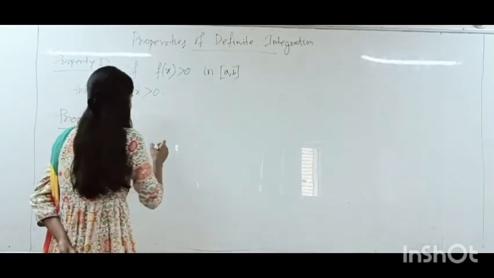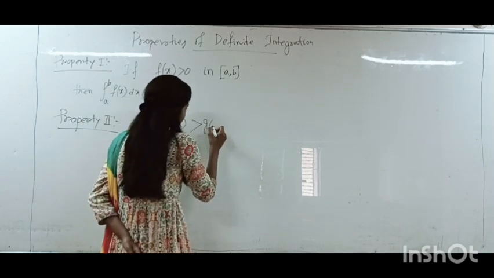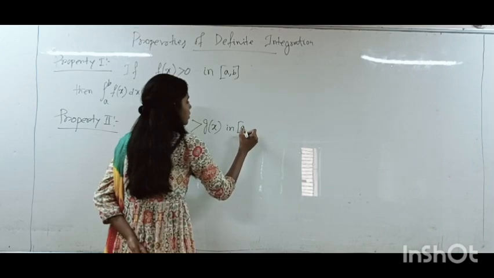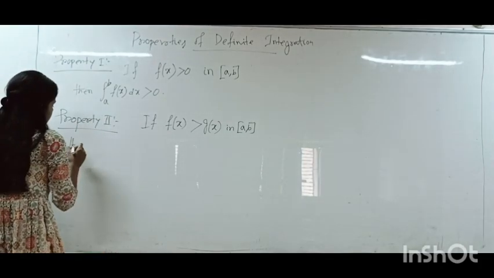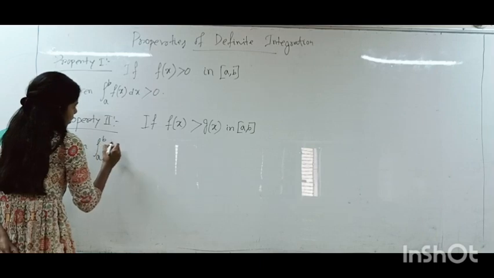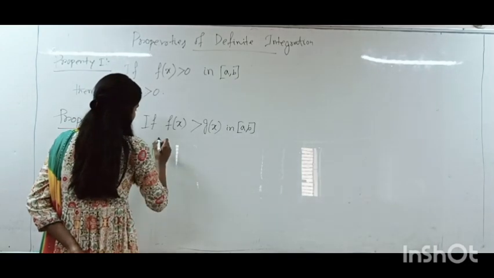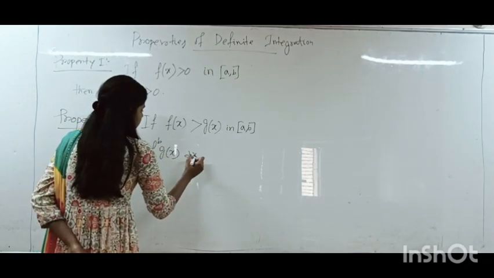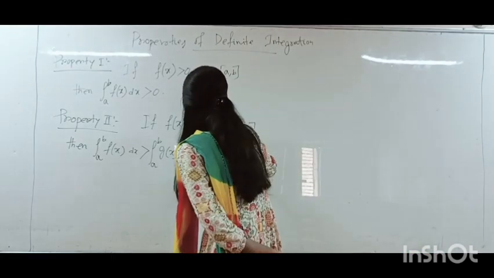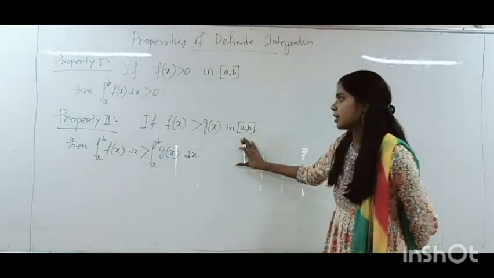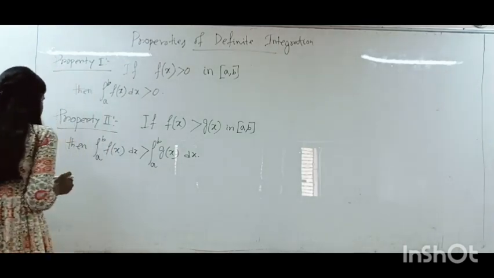Property 2 is, if there is a function f(x) which is greater than g(x) in the closed interval [a, b], then the integration from a to b of f(x) dx is also greater than the integration from a to b of g(x) dx. So if f(x) is greater than g(x) in this interval, then integral of f(x) is greater than integral of g(x).